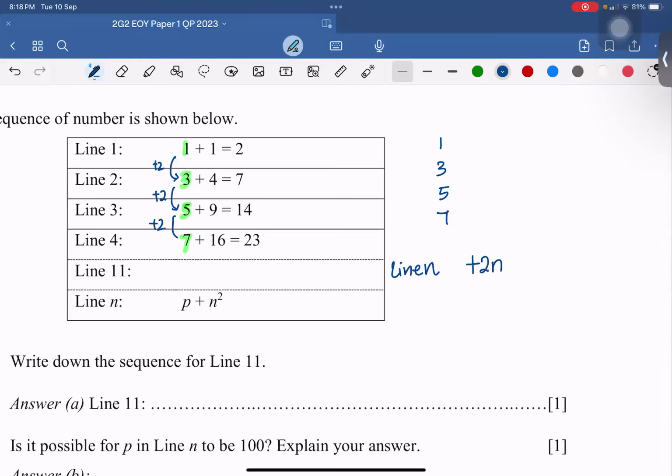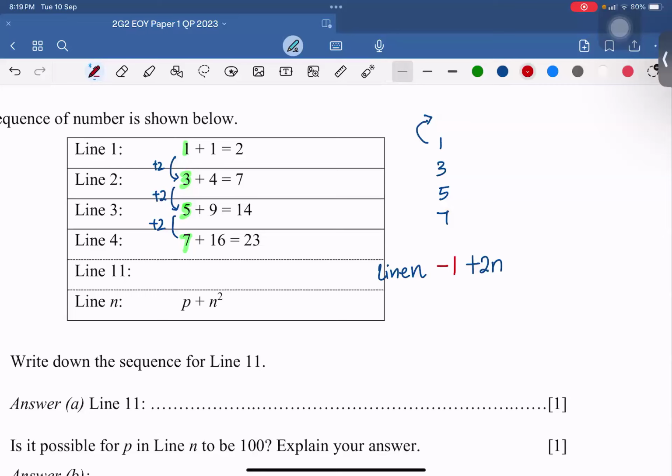Then I need to check what number plus 2 can give me 1. -1. Thank you. -1 plus 2 gives me 1. So the pattern is -1 plus 2n.